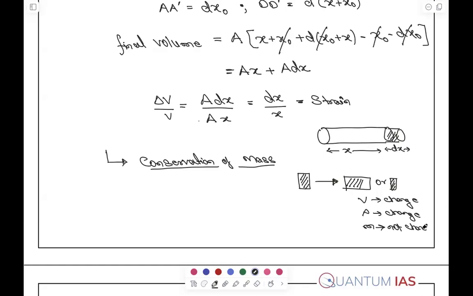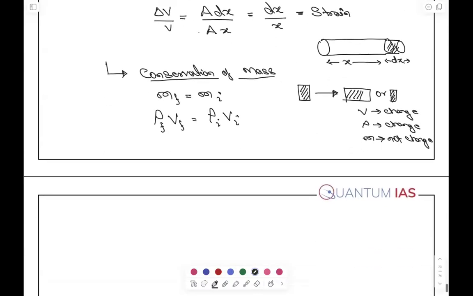So if I'm considering any substance, any gas or rod, the volume might change, the density might change, but the mass will not change. So can I write that mf equals mi, where mass is rho into volume: rho f into vf equals rho i into vi.